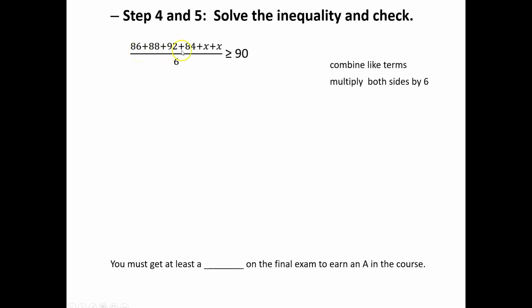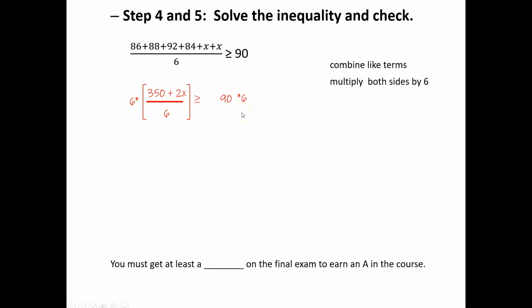We're going to combine some like terms because we have some numbers and we have a couple x's. So we have 350, which is the sum of these 4 numbers, plus 2 x's divided by 6 is greater than or equal to 90 because we're taking the average of all those test scores. So there are 6 scores, we're dividing by 6. Now we have to get the x by itself. So we're going to times both sides by 6, the whole side.